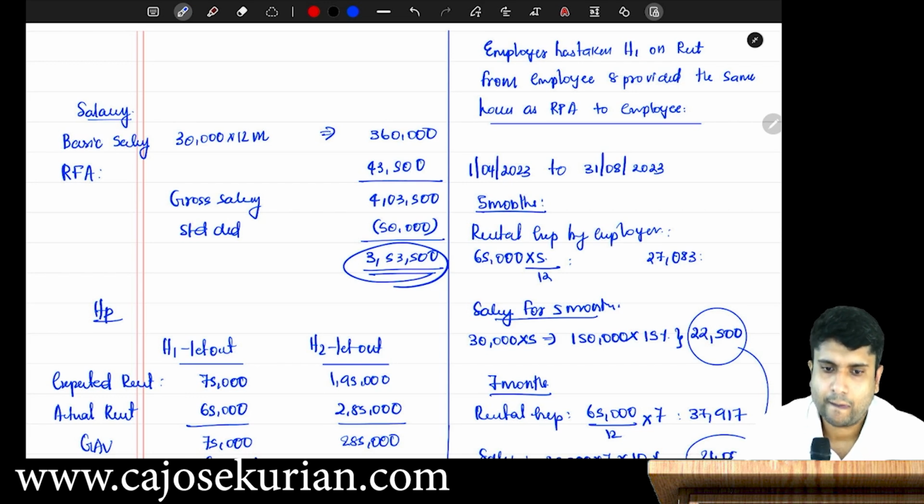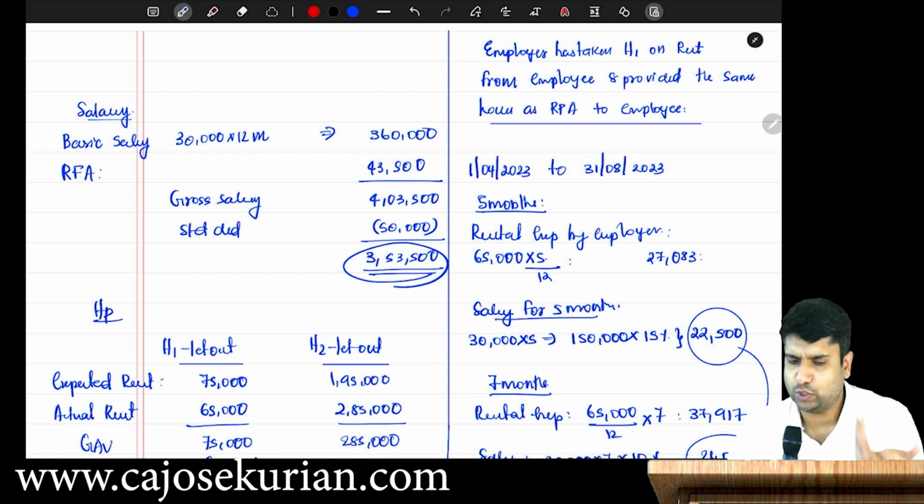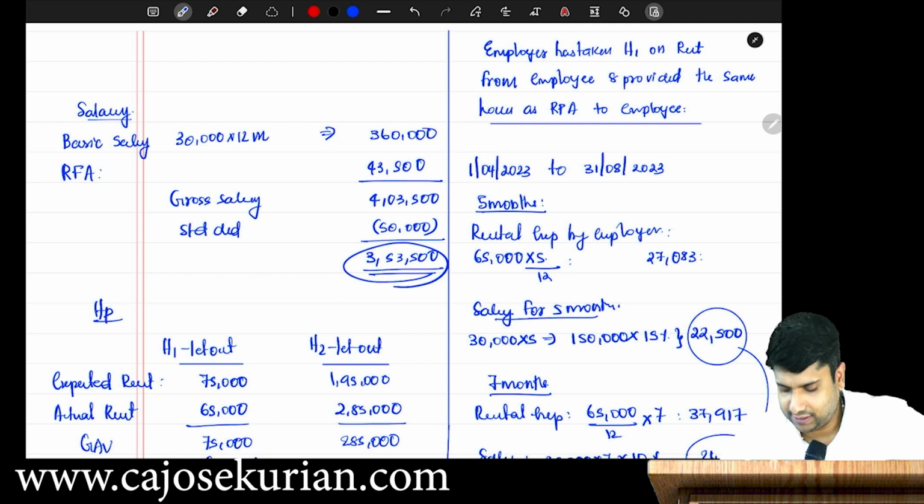The institute itself is not explaining, they haven't come up with a criteria till now. So it's up to you. For the 5 months it should be 15% and for the remaining 7 it should be 10%. Either together or two separate computations you can do, no problem.